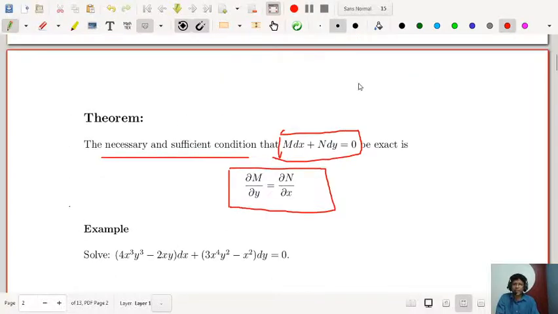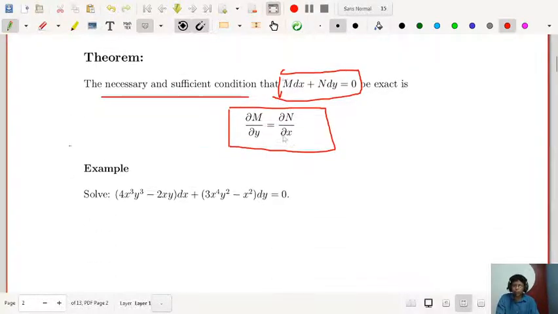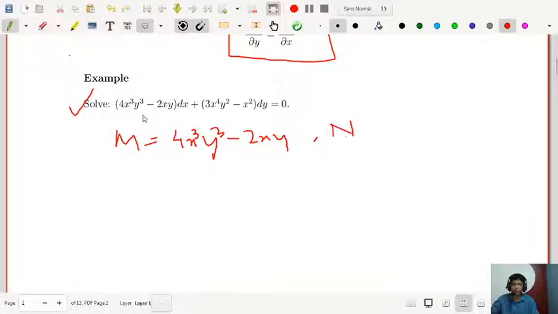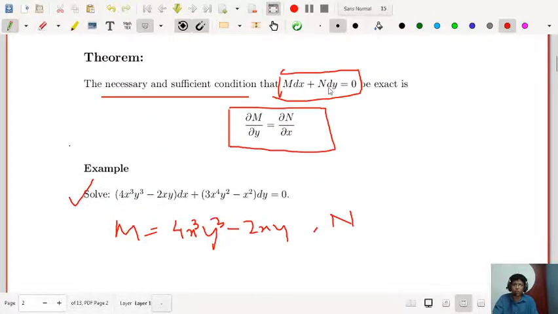Let me explain more on this with the help of an example. Let us suppose you are given an example. Your equation is always of the type M dx plus N dy.